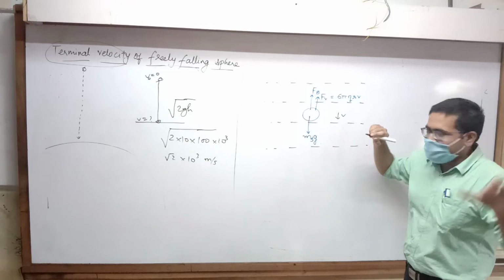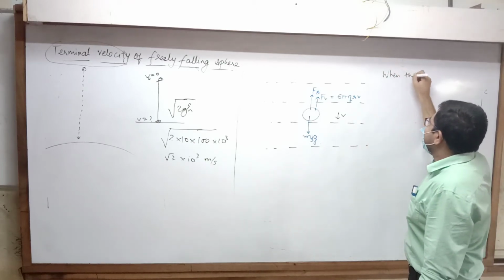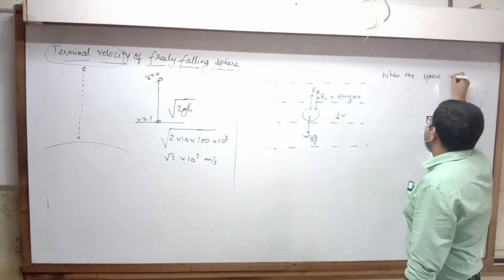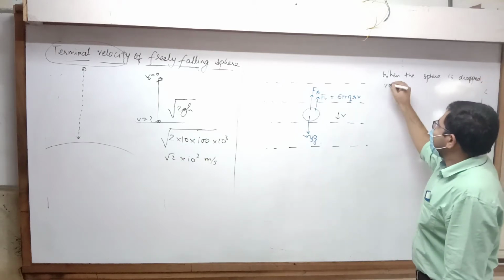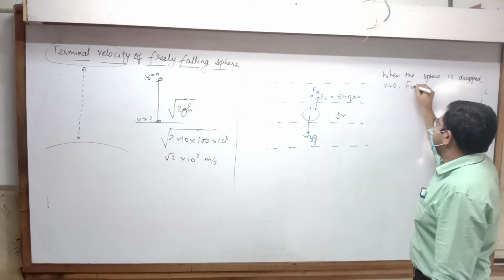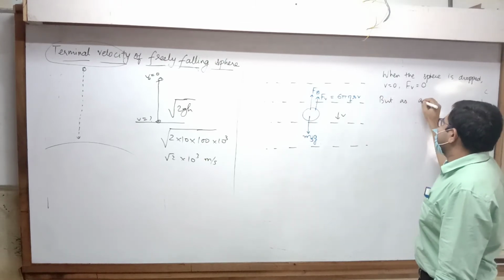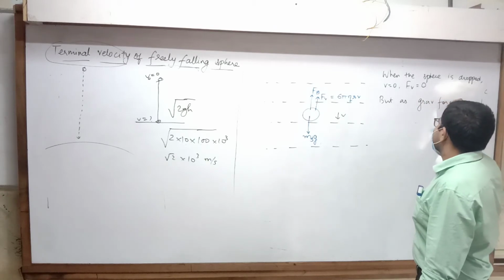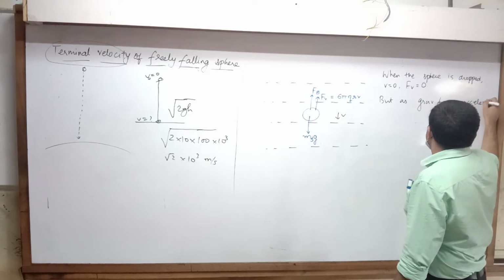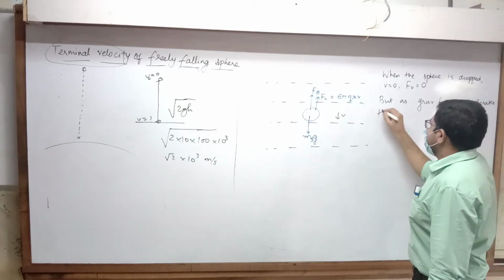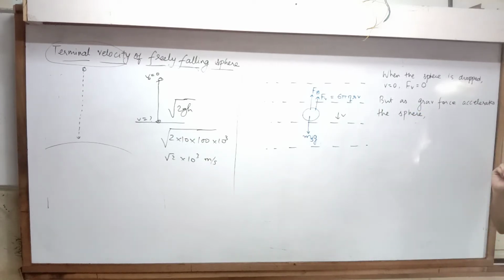Okay, suppose when the sphere is dropped, v is 0, and that's why Fv is also 0, right? But as gravitational force accelerates the sphere, have you understood what I have written so far?